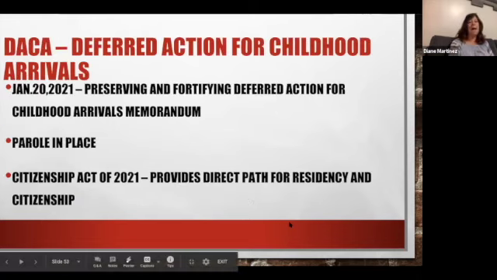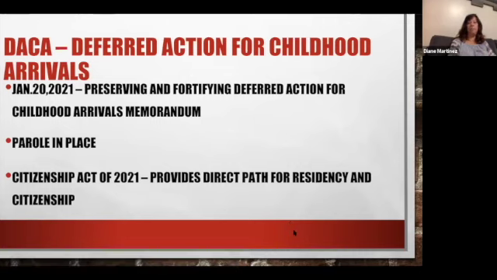All right, for DACA, there's an executive action on DACA as well, to preserve and fortify the deferred action for childhood arrivals memorandum.